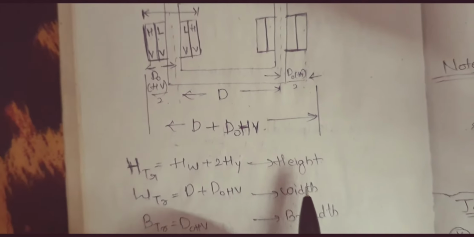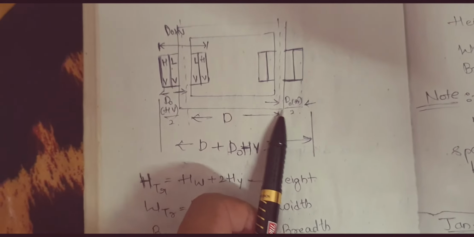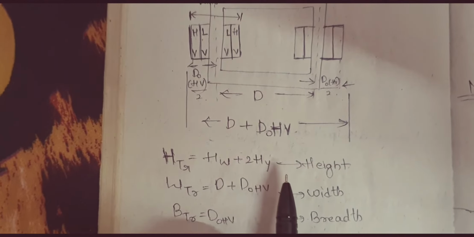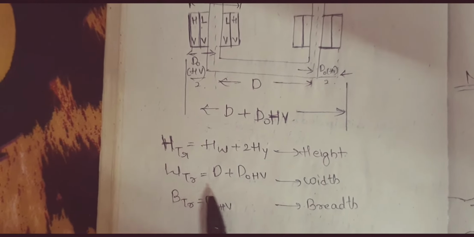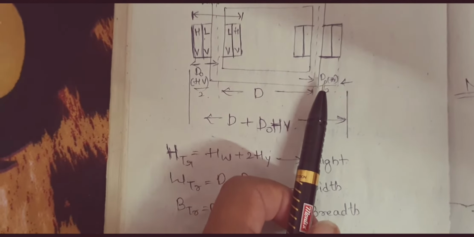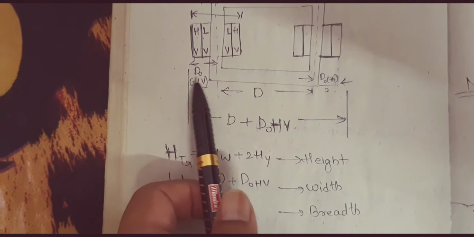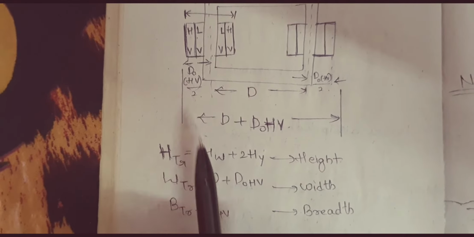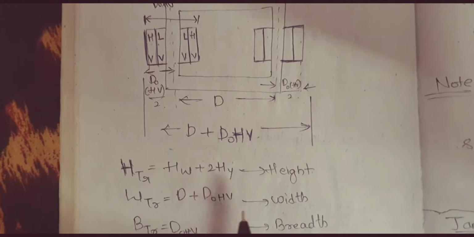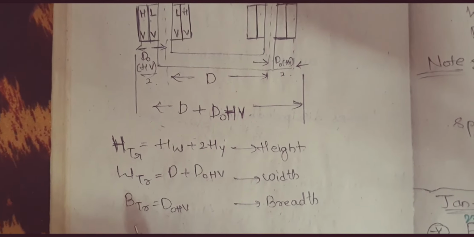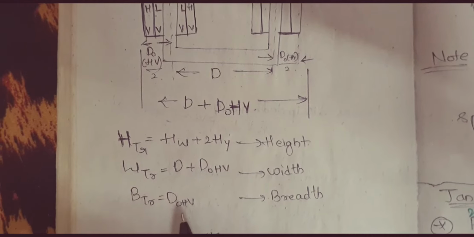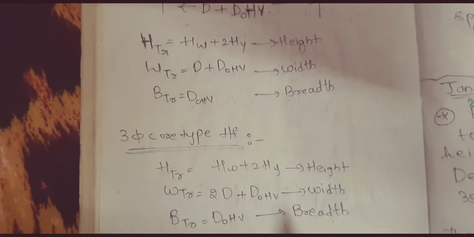The total height of the transformer is given as HW plus 2HY, WTR is capital D plus DOHV by 2 plus DOHV by 2. So in total WTR is equal to D plus DOHV. Then BTR, that is the breadth of the transformer, is equal to DOHV.